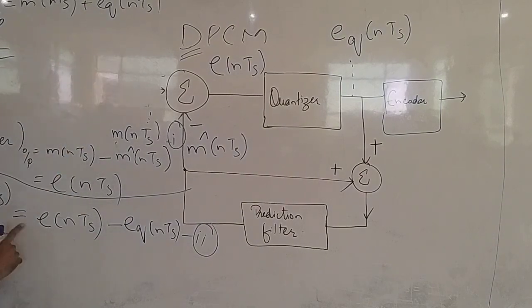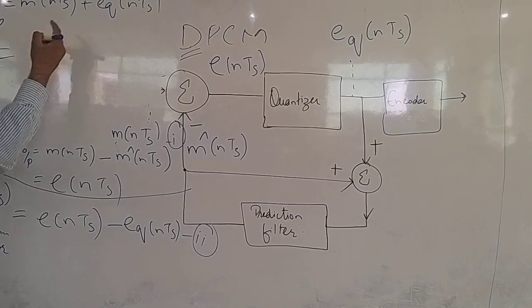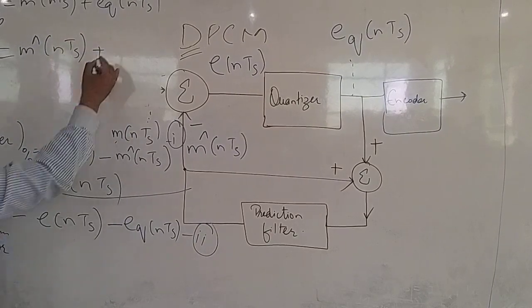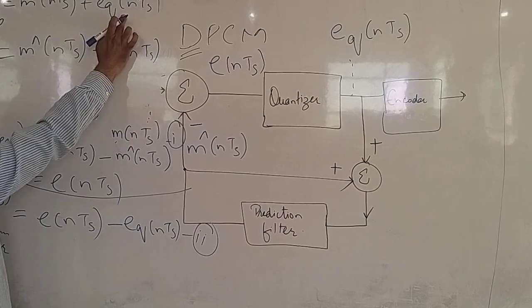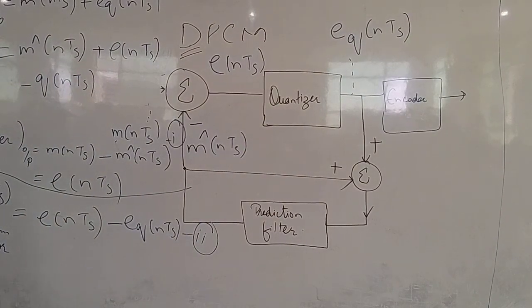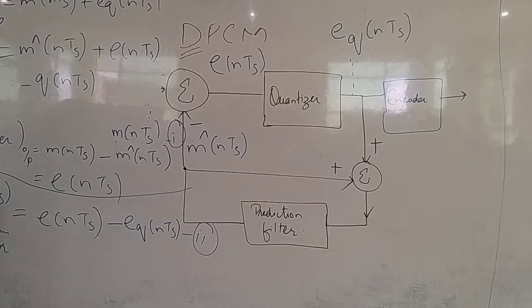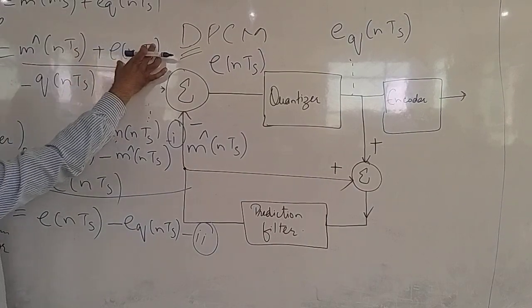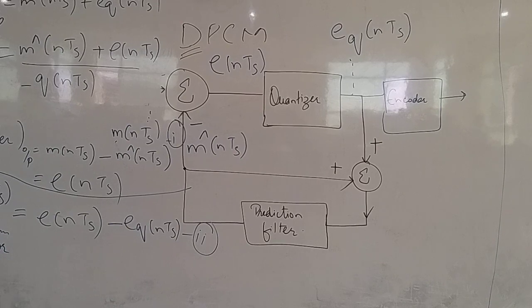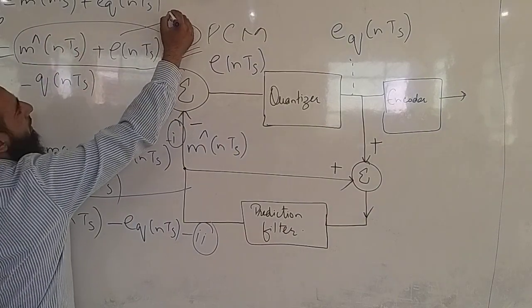आपने जस्ट अभी ये रिलेशन डिराइव की EQ of NT of S के लिए. अगर हम उसका वैल्यू यहाँ पे पुट करें तो that will be equal to m cap of NT of S plus E of NT of S. Eyes on board. मैंने EQ के बदले ये वैल्यू पुट किया, माइनस Q of NT of S. From previous equation we know m cap of NTS plus E of NTS will give us m of NTS. ये दो टर्म जो है ये किसके बराबर है? m of NTS.